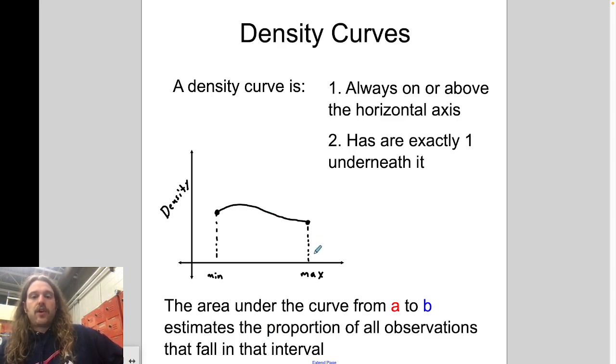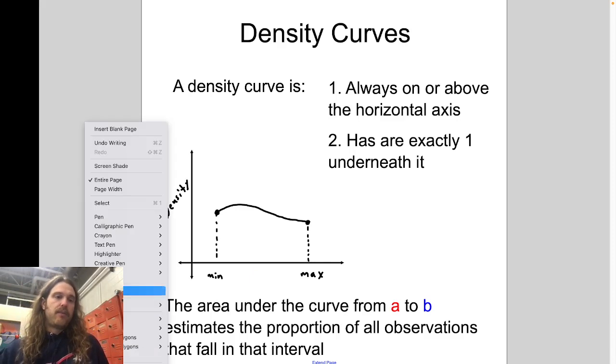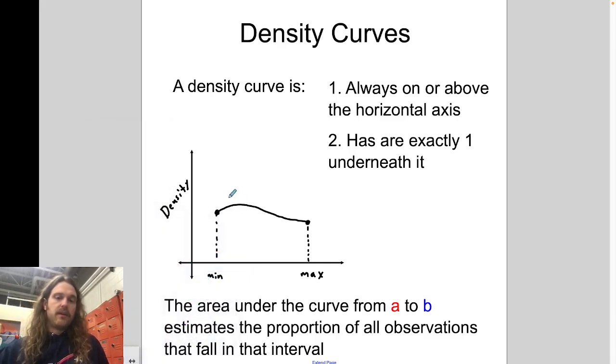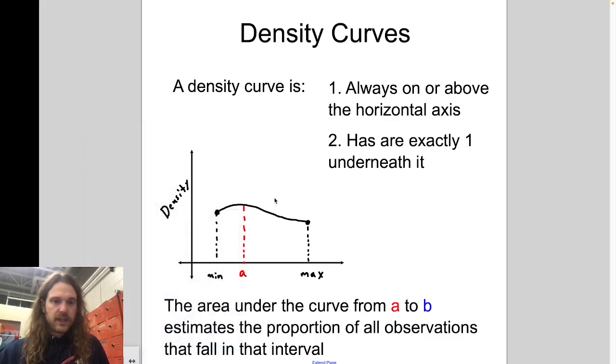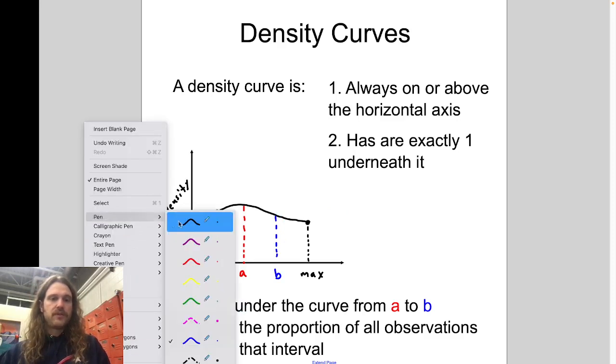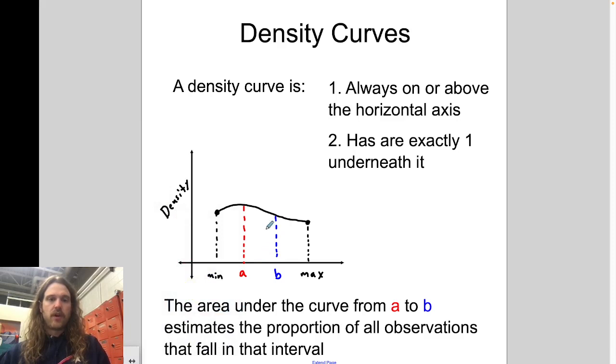So the area under the curve from A up to B, though there is no A or B drawn here presently, estimates the proportion of all observations that fall in that interval.